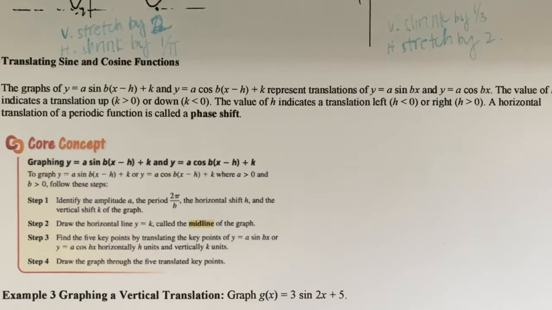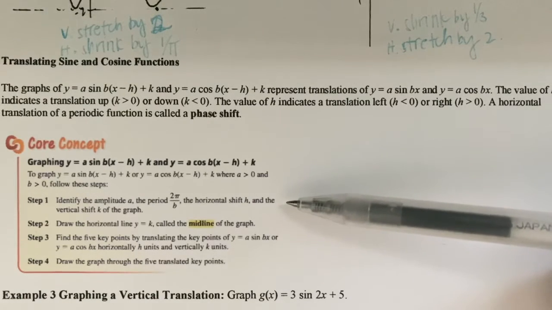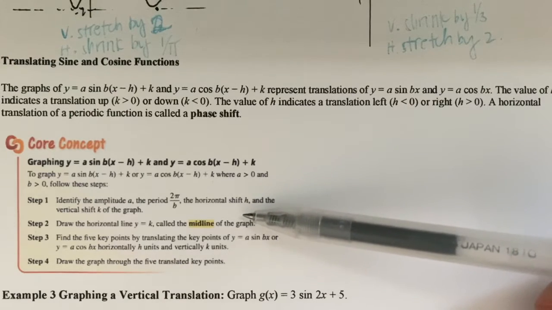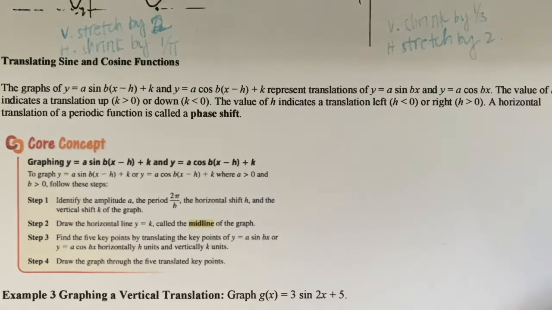Due to the translations, there are going to be a few extra steps for graphing cosine and sine. Firstly, we still want to identify the amplitude and the period, and now we will also want to identify the horizontal shift and the vertical shift. Next, you're going to draw a horizontal line at your k value, and this is called the midline of the graph.